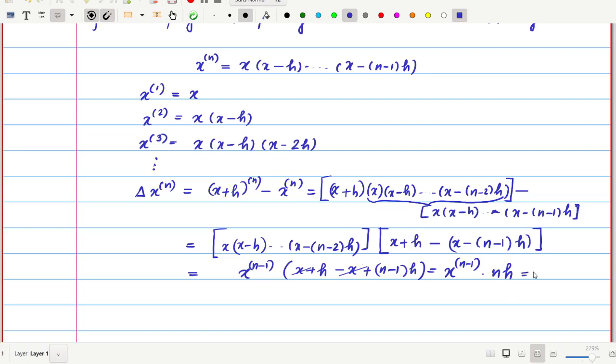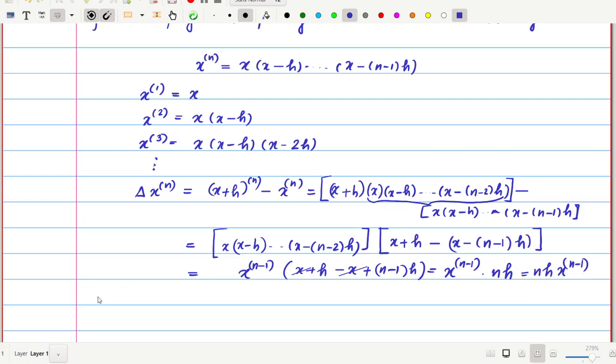So that is n times h, x of n minus 1. This can be considered as a recurring formula: the forward difference of x of n is in terms of x of n minus 1, that is n times h times this.